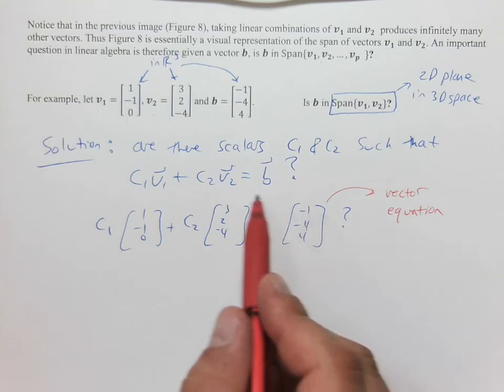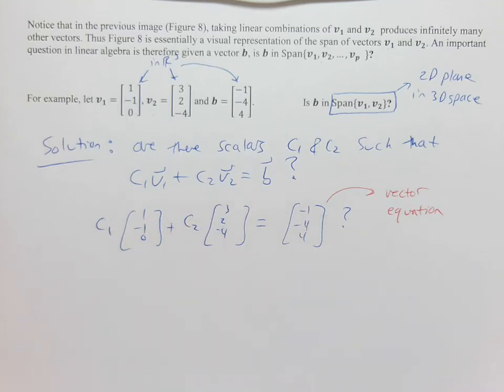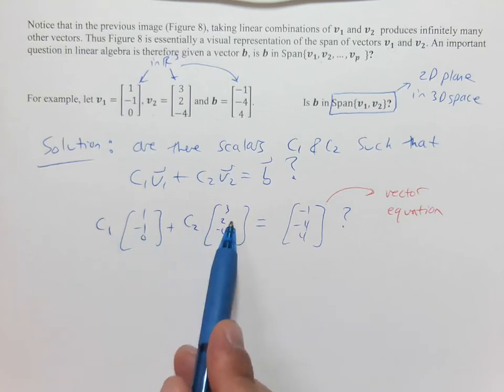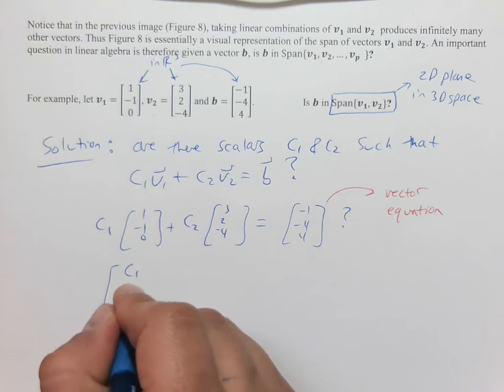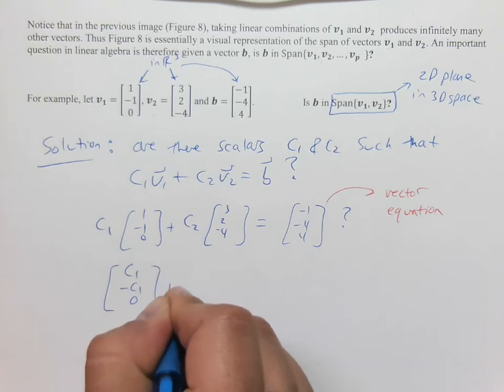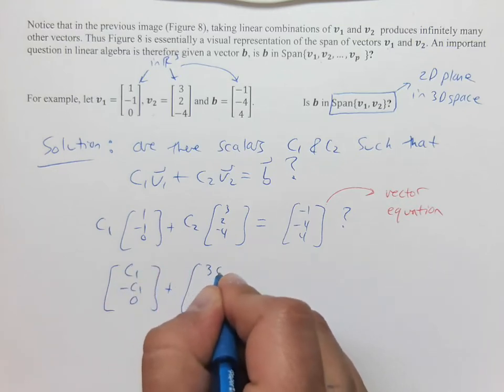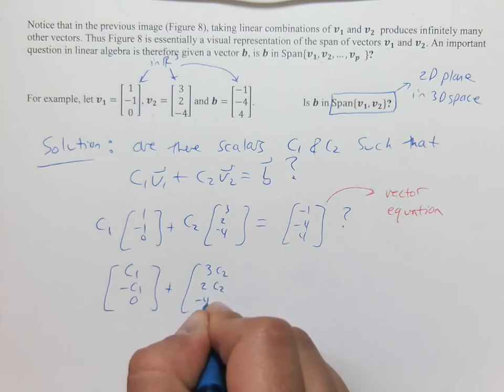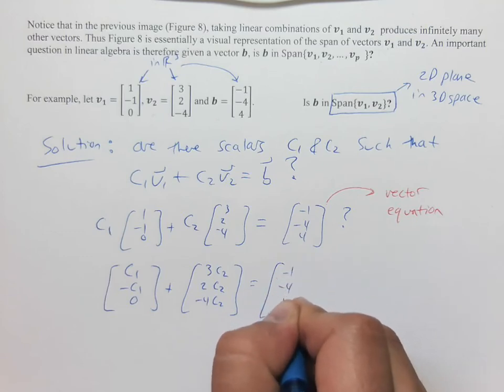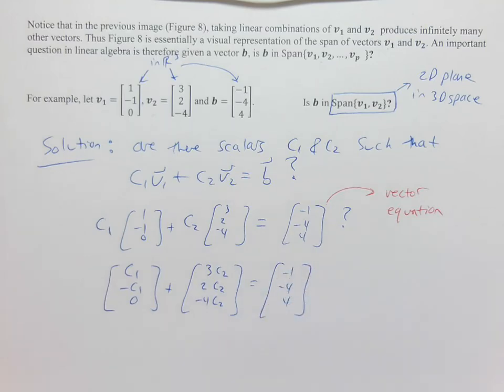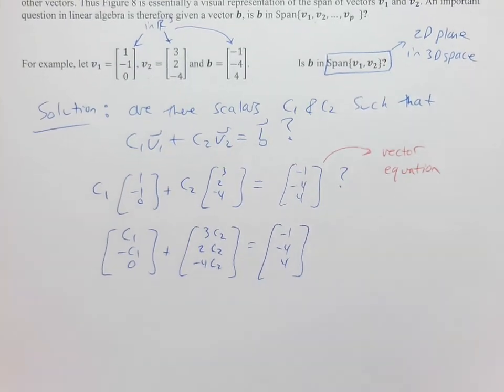Okay, so let's start collapsing this down and create a linear system. So we know that we can multiply the C1 and the C2 into those two vectors. That's what we've learned in this section so far. And then once we do that, that's a linear system. Let's write down the linear system. So this says C1 plus 3C2 equals -1.